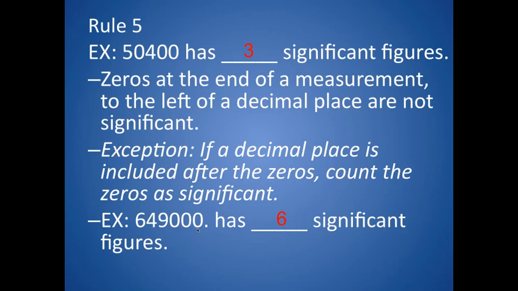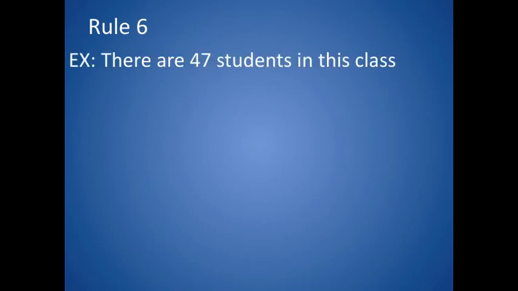And the final rule coming up. And we're going to use this one actually a fair amount this year, this rule. So this rule, there are 47 students in this class. How many significant figures are there? Well, assuming that I can count properly, there's no uncertainty in that measurement. I'm not sure if there's a half a person somewhere out there, or maybe it's plus or minus 1.